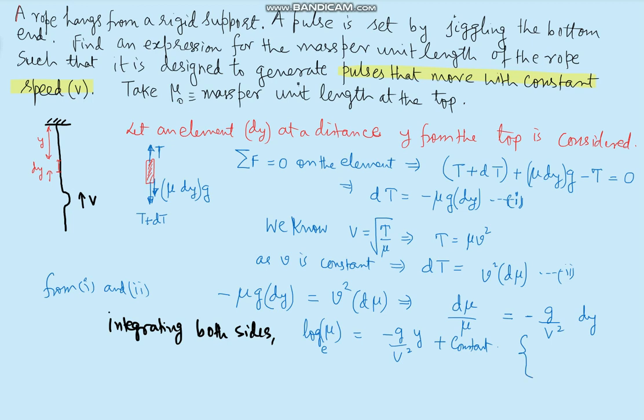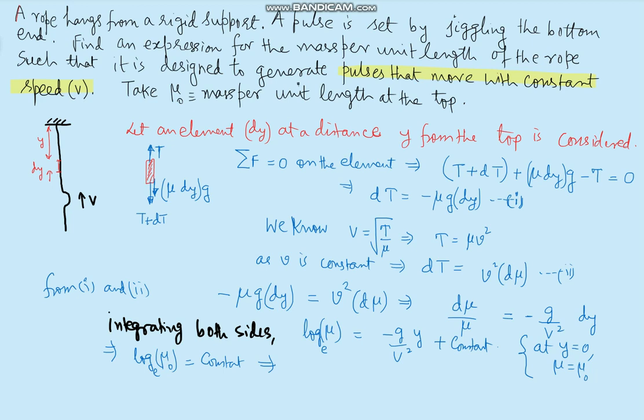Now to know the constant, at y equal to 0, mu will be equal to mu naught. So here we can write log mu naught to the base e is equal to the constant, since when y is 0 then mu will be mu naught.